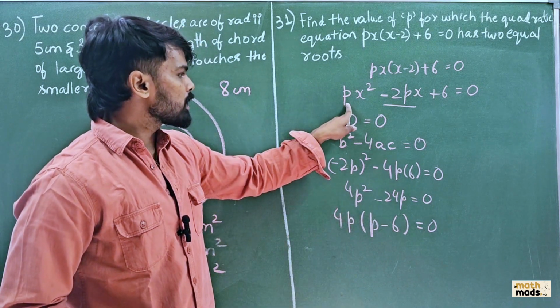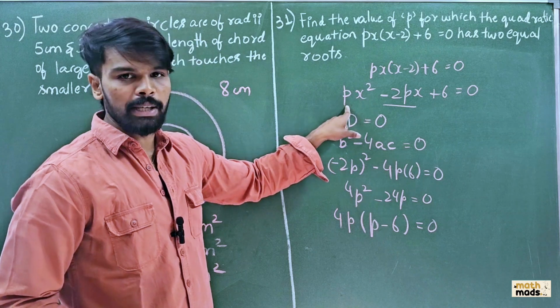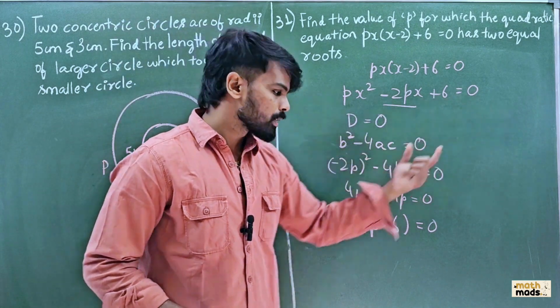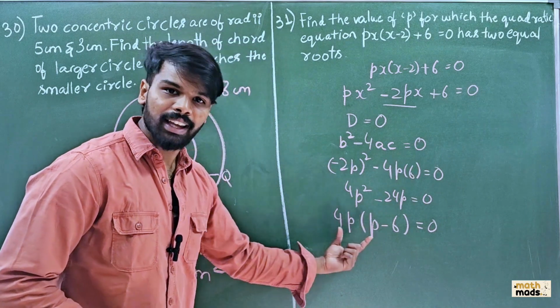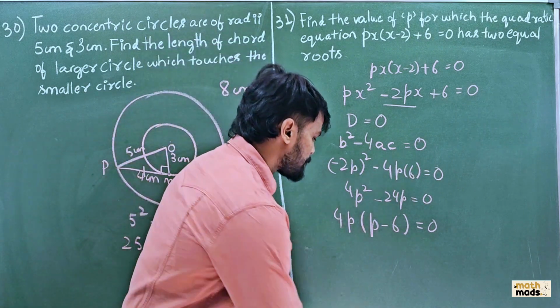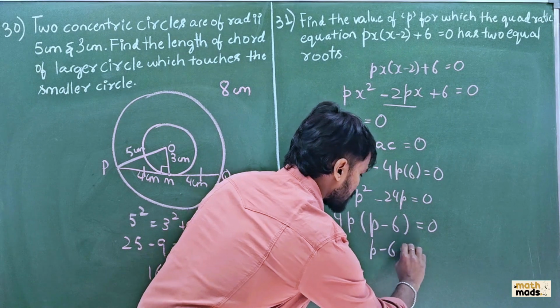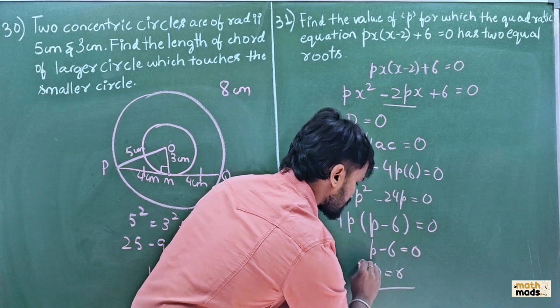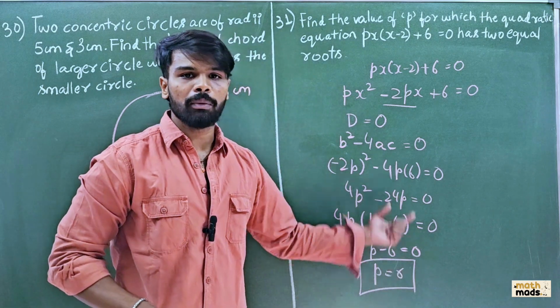But the coefficient of x square is p. If I consider this as 0, I won't get a quadratic equation. So I'll ignore this. The remaining thing is p minus 6 is equal to 0. So if you shift to the other side, p is equal to 6. So you have found the value of p to be equal to 6.